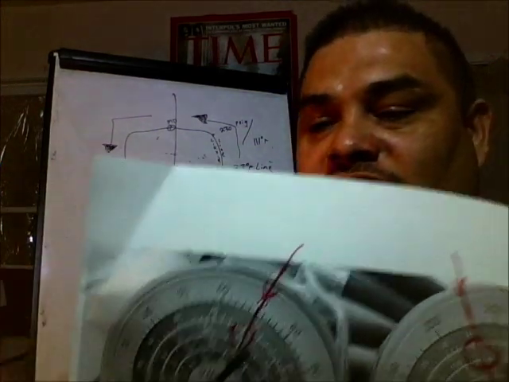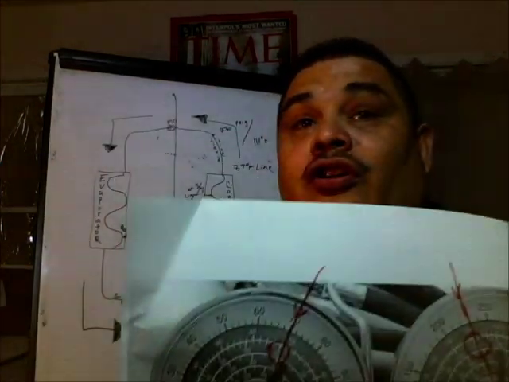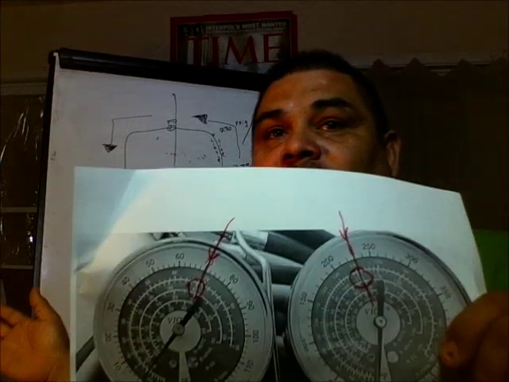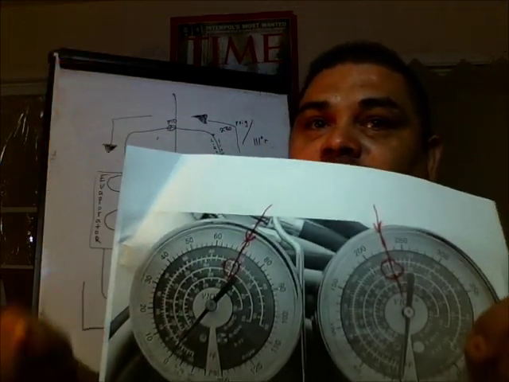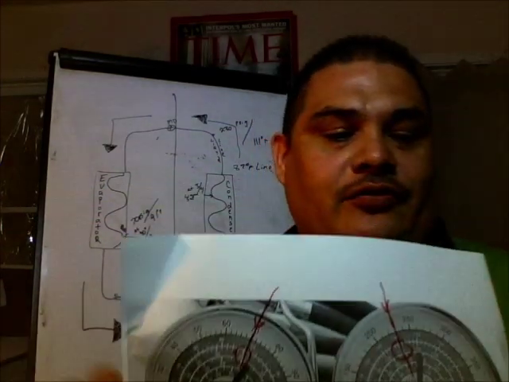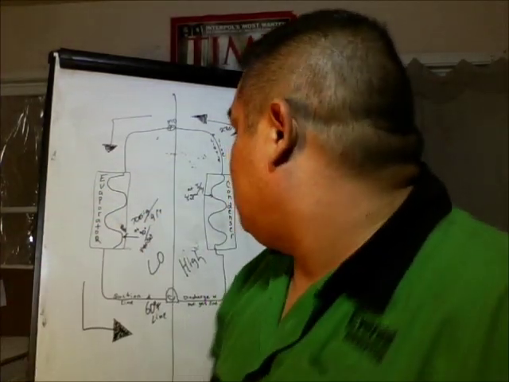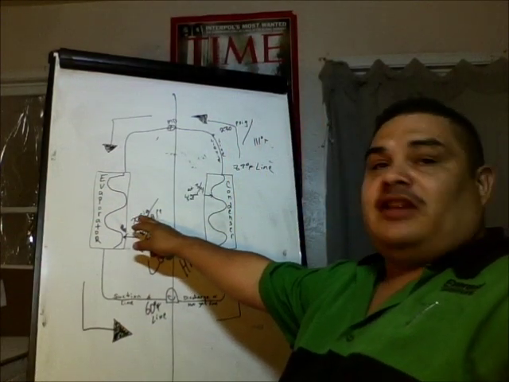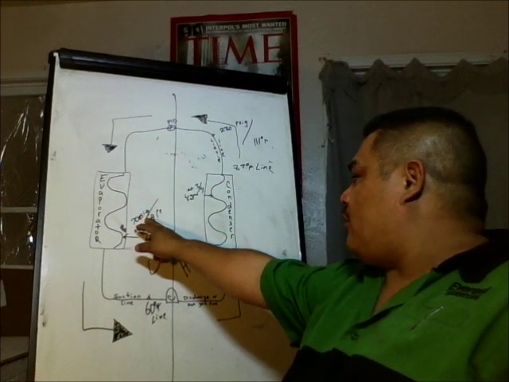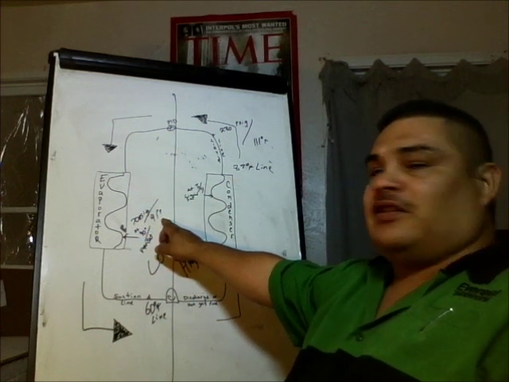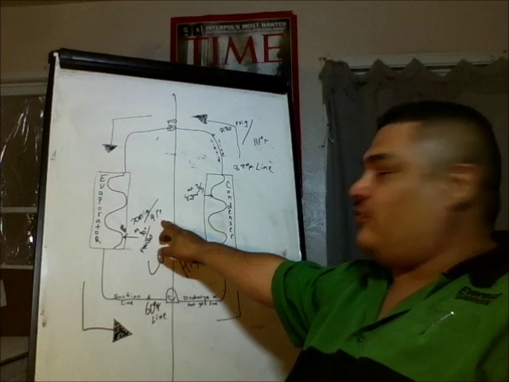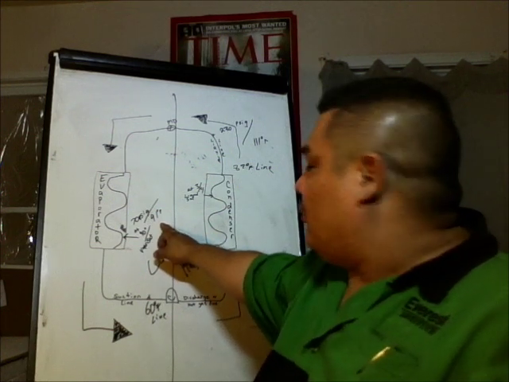Or you can simply look at the chart that you have in the lab and match your pressure to your temperature on R22. Either way, 70 PSIG on your low side corresponds to 41 degrees Fahrenheit.